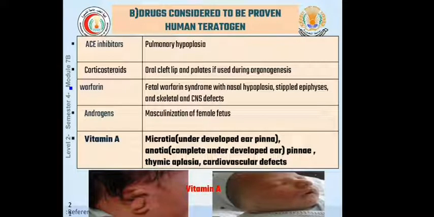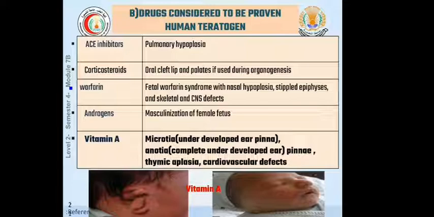Also, vitamin A or retinoic acid is commonly given to females for treatment of acne. If this female gets pregnant, this vitamin A can lead to microtia, which is underdevelopment of the ear pinna, as you have seen in the picture.